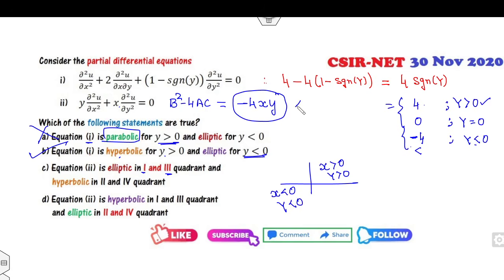So the product is again greater than 0, and it's elliptical, satisfied. Hyperbolic in the second quadrant. X is less than 0, y is greater than 0. So this number will be greater than 0, satisfied. X is greater than 0, y is greater than 0, satisfied. Hyperbolic in the first quadrant, but in the first quadrant it is elliptical. So the right answers are B and C.